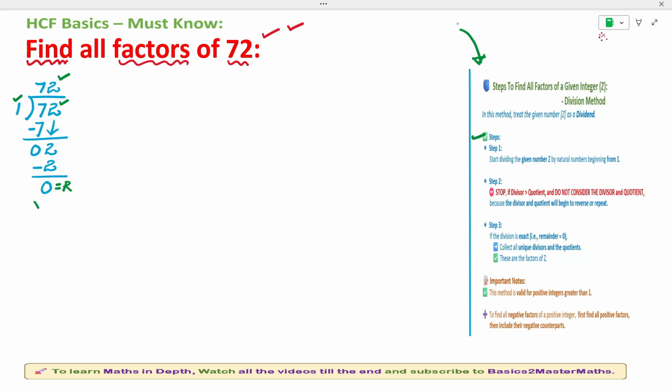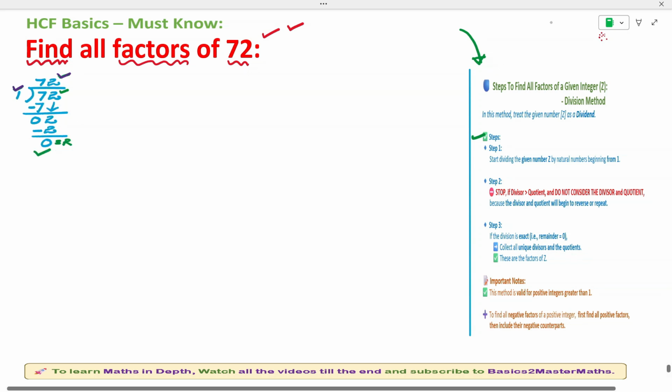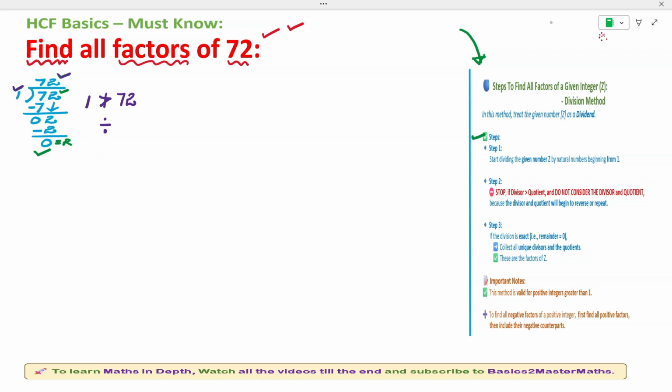So, this division is exact. In this case, the divisor 1 is not greater than the quotient 72. So, divide 72 by the next natural number 2.